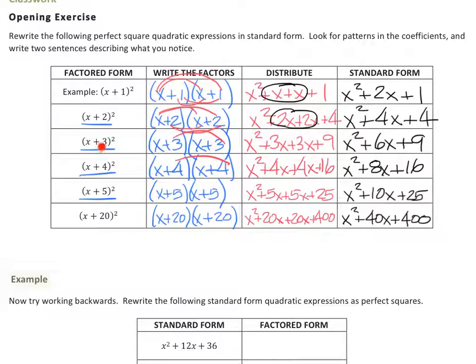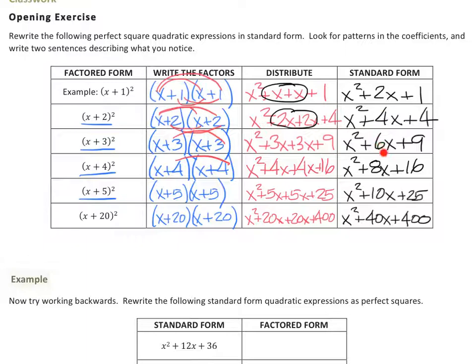What about this 3? Let's just pick this 3 out. How do we derive any of this stuff over here from this 3? You're squaring the 3 to get 9. We square the 2 to get 4. Square the 4 to get 16. Square the 5 to get 25.